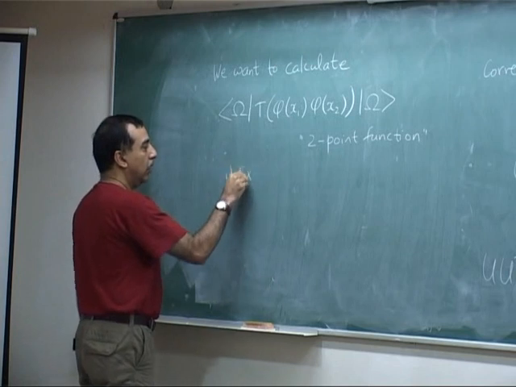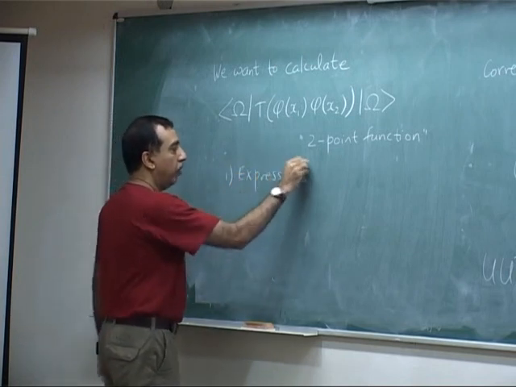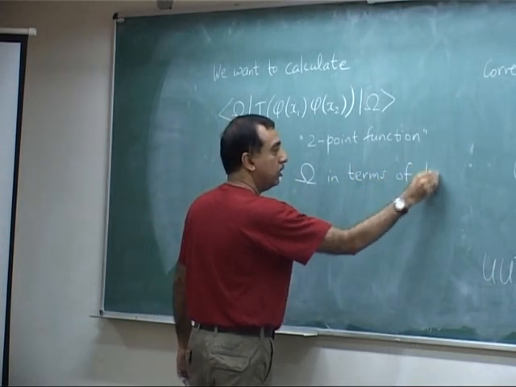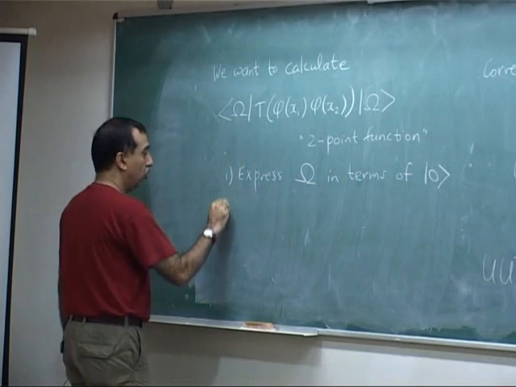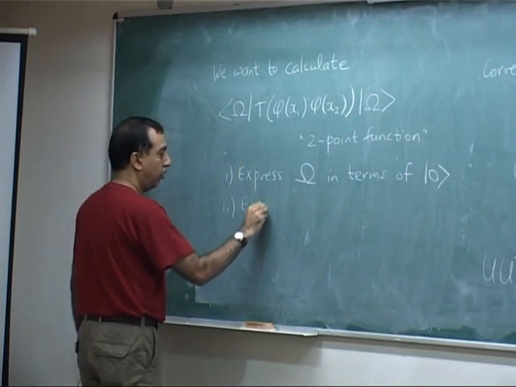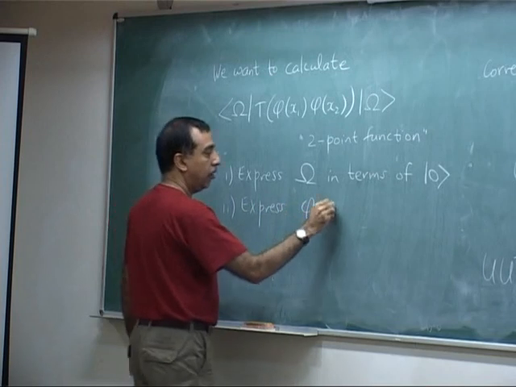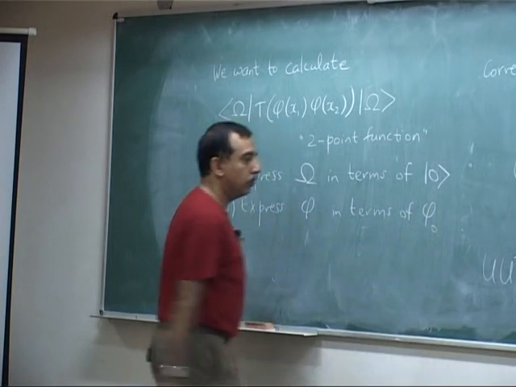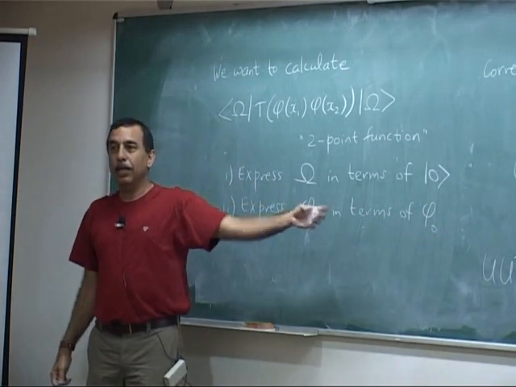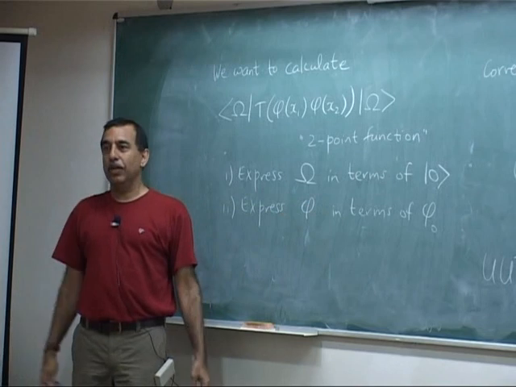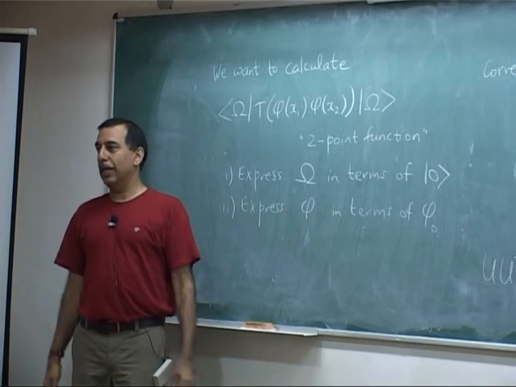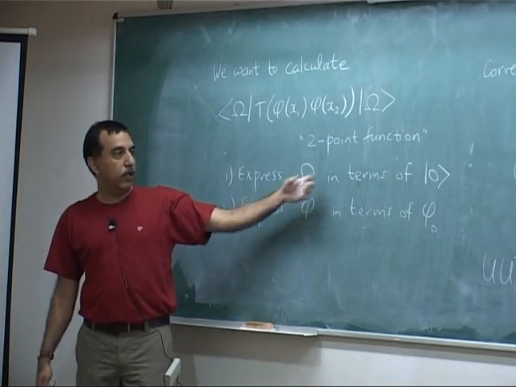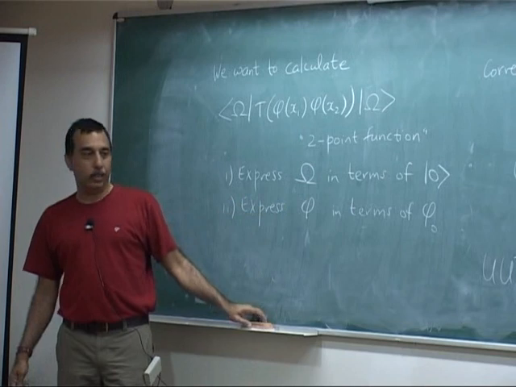One is to express Omega in terms of 0, and two is to express phi in terms of phi 0. Actually, this we've already done because phi is expressed in terms of phi 0 by putting u dagger and u on either side. That's why we studied u for all this time. This we already know. This one we have to do, and then we put all the information together.